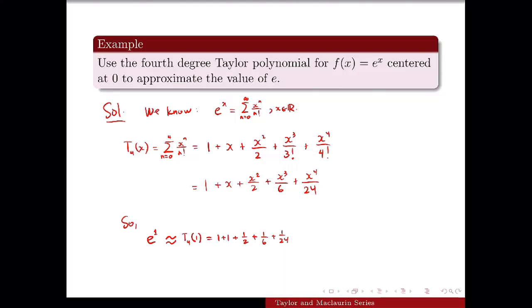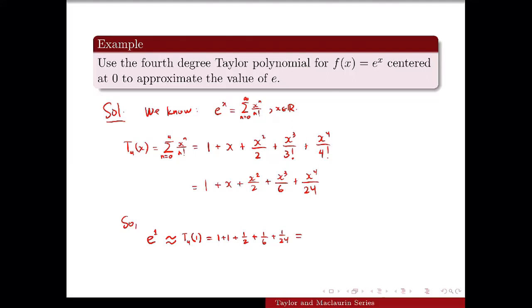Okay? At this point, since this is approximation, let us use decimals. So this is equal to, let's solve this.